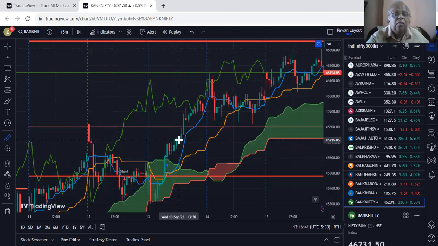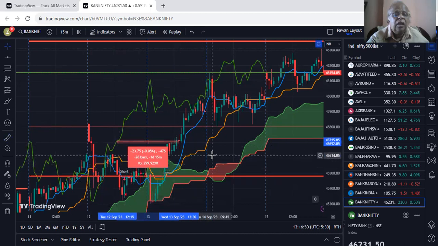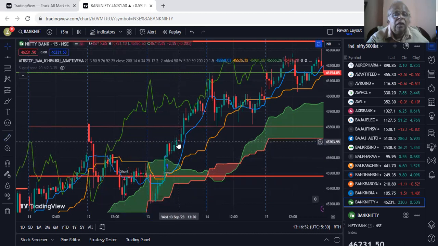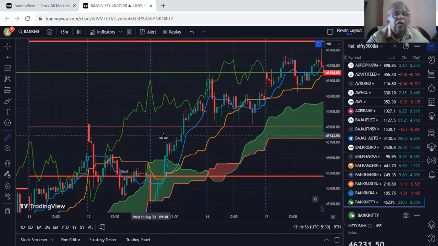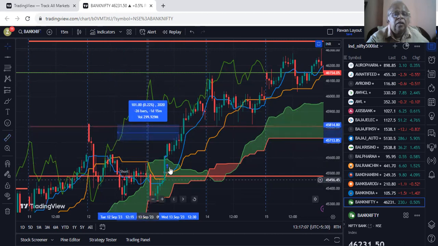So from here we are looking 26 periods back. In this zone, the high made was the opening of this doji candle.